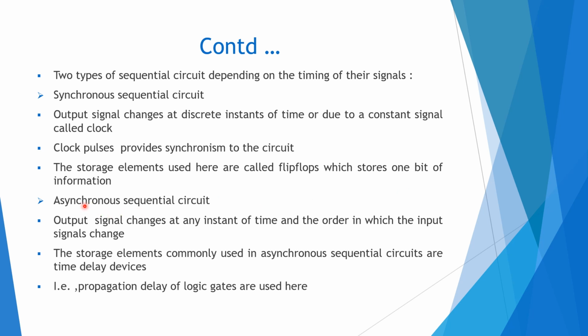And the second type is asynchronous sequential circuit. Here the output signal changes at any instant of time, depending on the order in which the input signals change. So according to the sequence of the input signals, the output signal also changes. Here there is no clock, but there are still some storage elements, called latches.